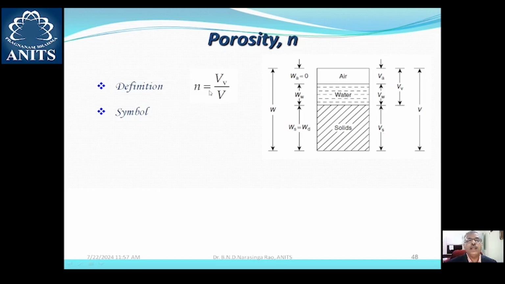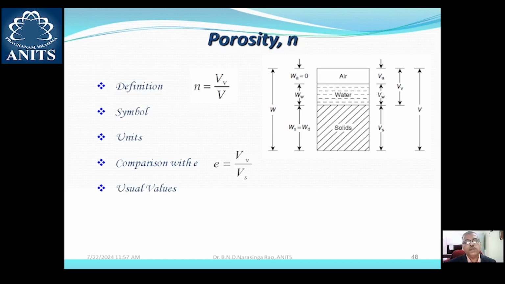So n is Vv by V. Like void ratio, porosity also has no units, and generally, because the denominator is more for porosity, the value of porosity is less for the same soil compared to the void ratio. Porosity is more used in geology, and void ratio is a term more used in geotechnical engineering.